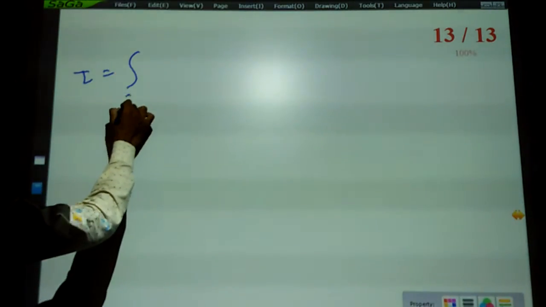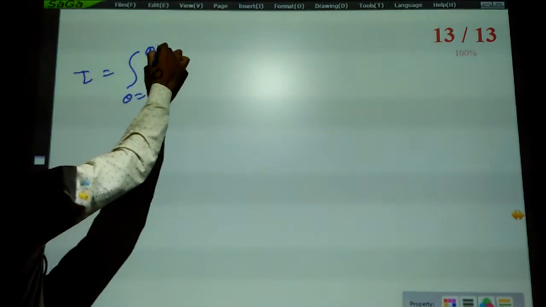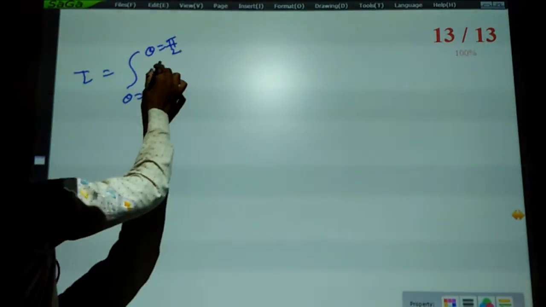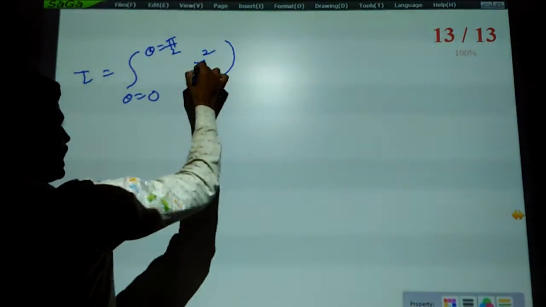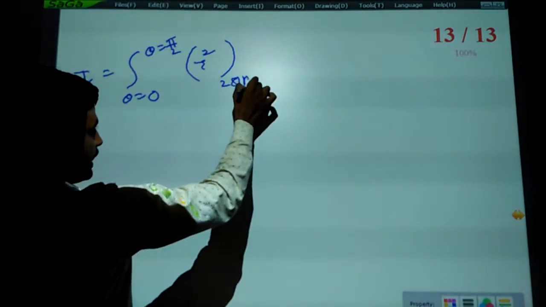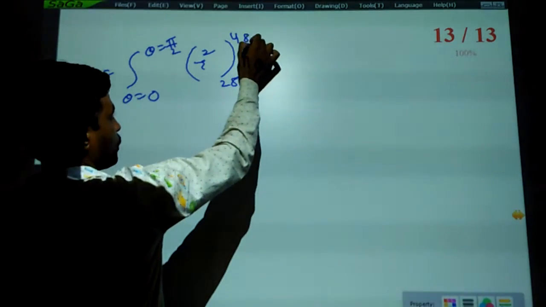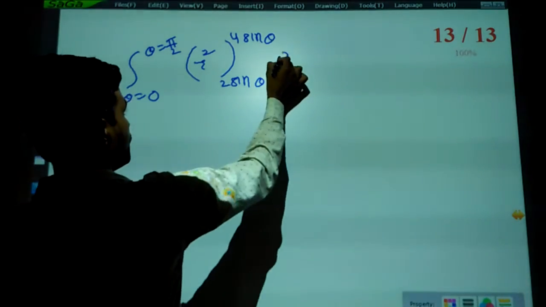So I is equal to the integral from theta is equal to 0 to theta is equal to pi by 2. This is the r, 2 sin theta, and here 4 sin theta into d theta.